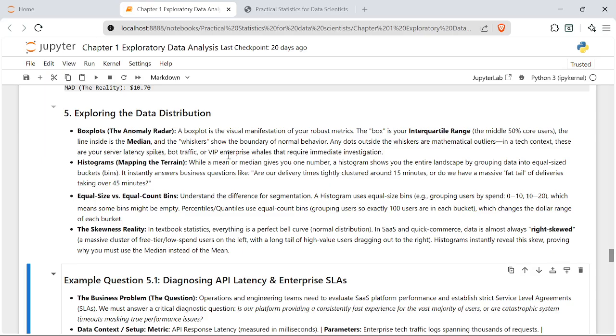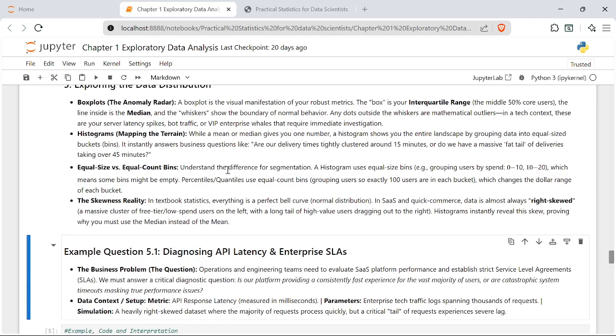Histograms, mapping the terrain. While a mean or median gives you one number, a histogram shows you the entire landscape by grouping the data into equal sized buckets or bins. It instantly answers business questions like: are our delivery times tightly clustered around 15 minutes?